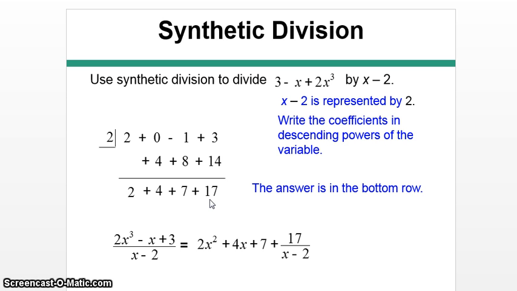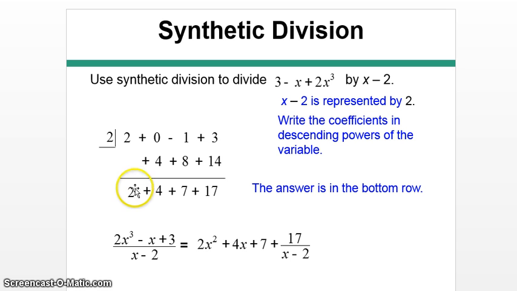Okay. After that, what is the degree of this polynomial? It's x cubed, so the degree of the polynomial is 3, and the quotient polynomial degree will be 2, because as we discussed earlier it will be 1 less than the degree of the dividend. So 3 minus 1 equals 2.